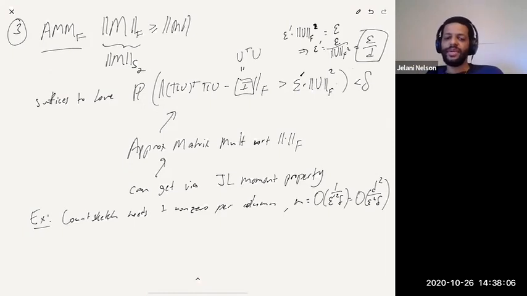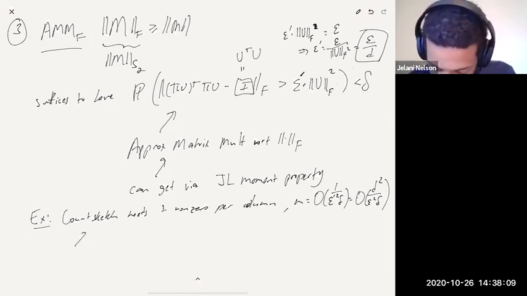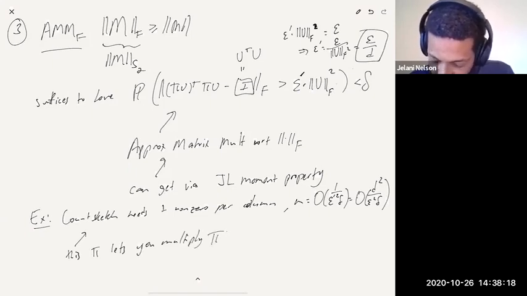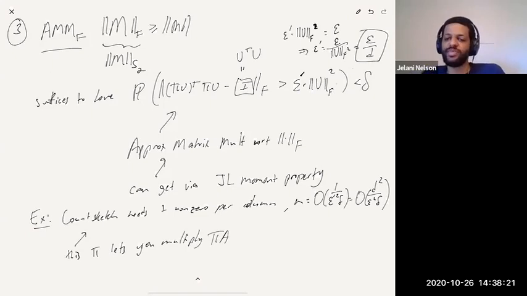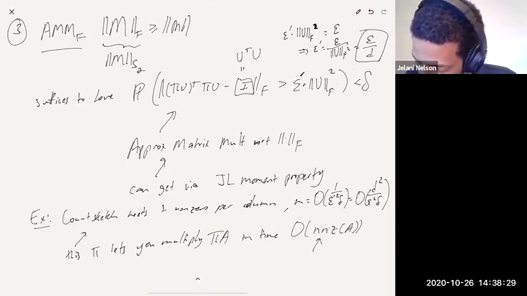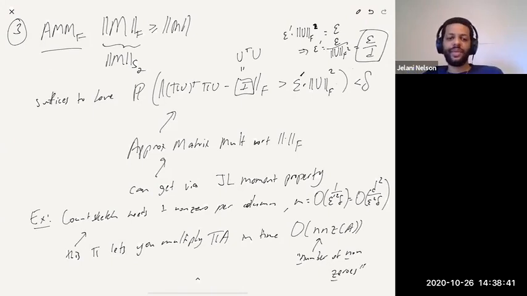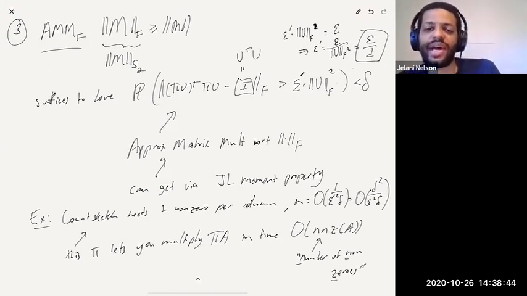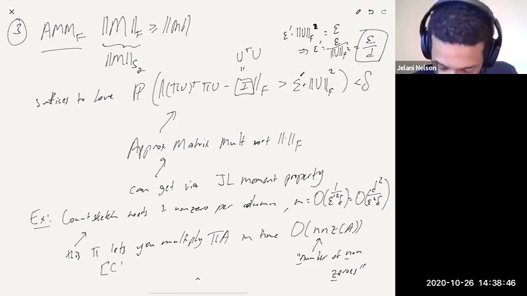The nice thing about this pi is that it lets you multiply pi A very fast, because pi is an extremely sparse matrix. So you can multiply pi A in time proportional to the number of non-zeros of A, nnz(A). And in fact, the first paper to observe that you can use the count sketch in this way was Clarkson and Woodruff.